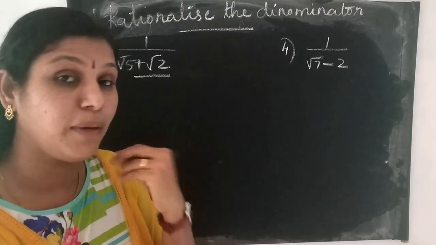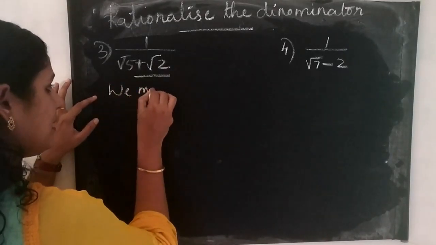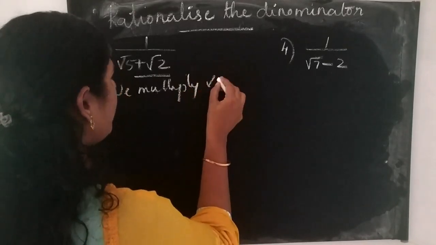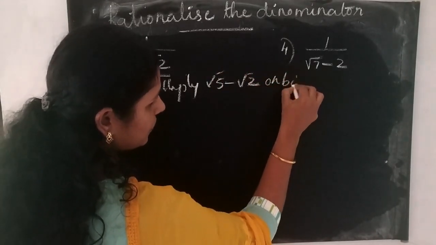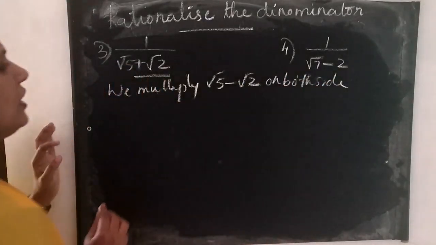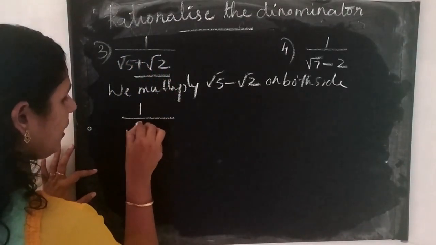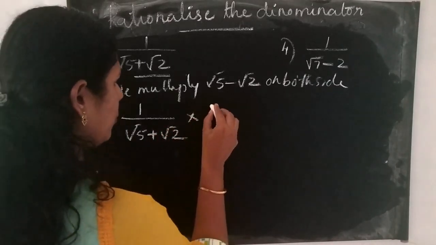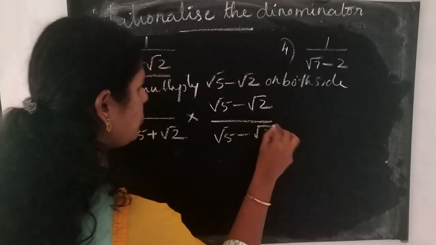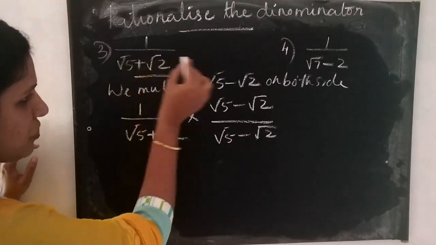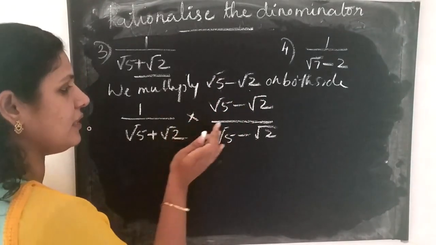The conjugate of root 5 plus root 2 is root 5 minus root 2, just the opposite sign. So we multiply root 5 minus root 2 on both numerator and denominator.